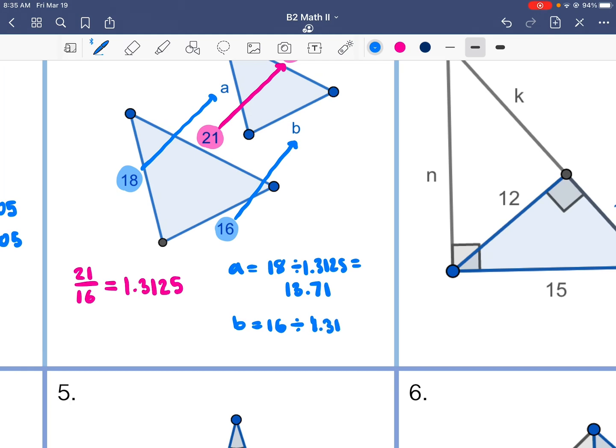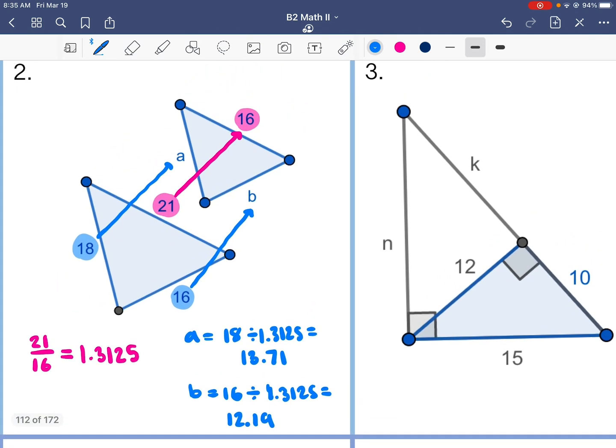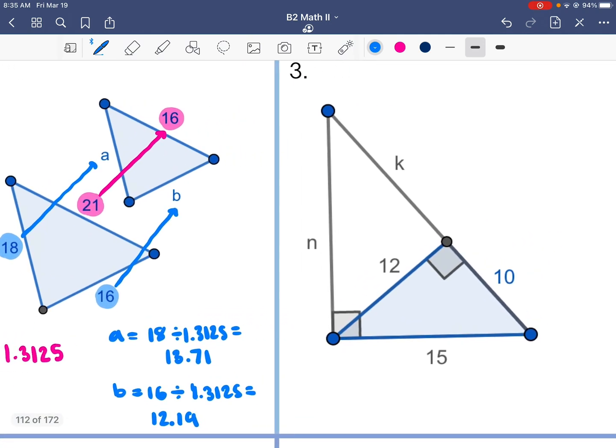And B is going to be 16 divided by that same value. So notice that 13.7 is much less than 18, which is right, I want them to be smaller. So I'm just double checking my work there and making sure that it makes sense. 16 divided by 1.3125 is 12.19. And those are our two values.